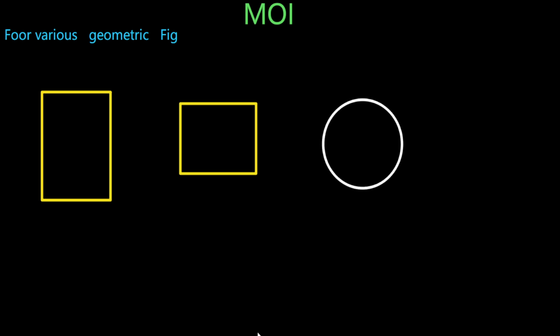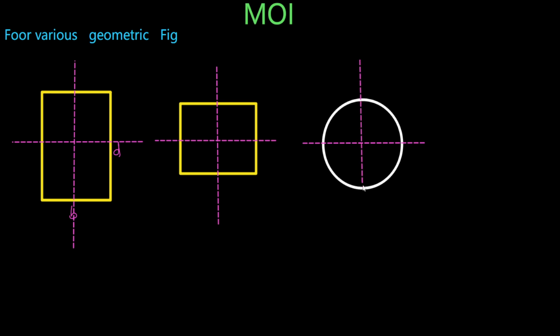For the first one, suppose this is the width B and the depth is D. If you want to calculate about this axis or this axis, whatever axis you say, through the center of gravity.